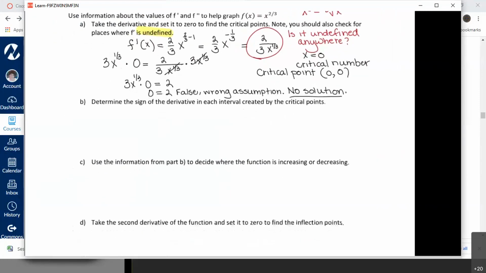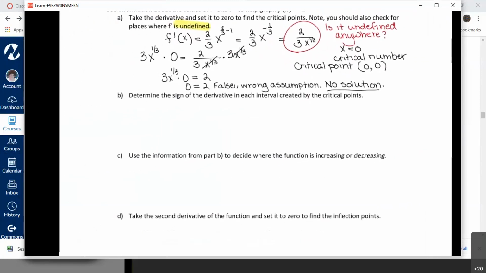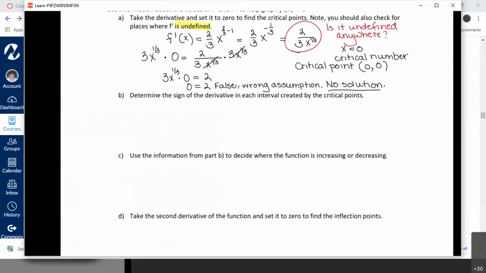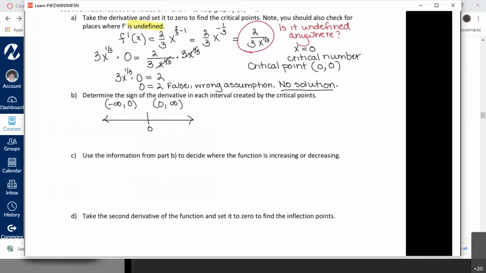All right, now I'm going to determine the sign of the derivative in each interval created by my critical points. Okay, I've only got 1, 0. So my 2 intervals are negative infinity to 0, from 0 out to positive infinity. I've only got 2 intervals.